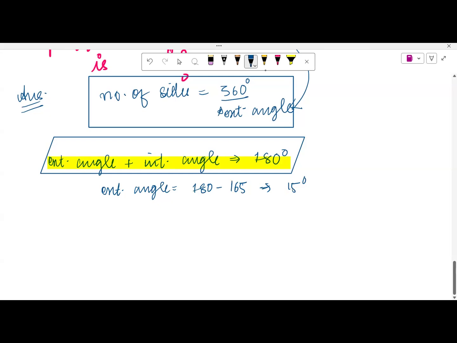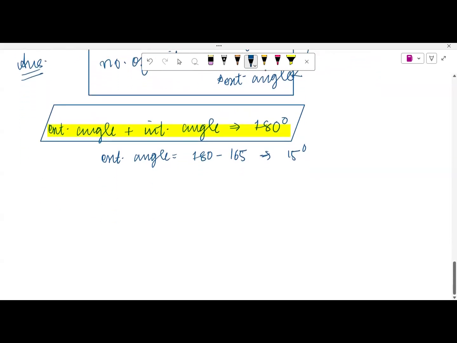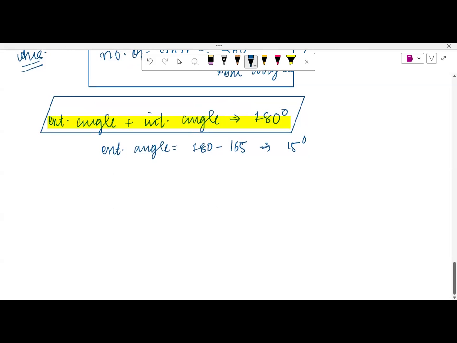Ma'am, I found the answer. Yes, just a minute, let's solve it. Okay, so each exterior angle is 15 degree. So if exterior angle is 15 degrees, number of sides will be equal to 360 divided by 15. Divide and tell me the answer, all of you. 24. Ma'am, 24.